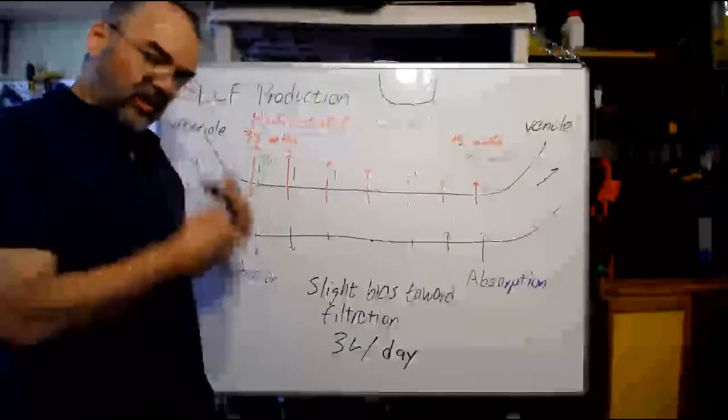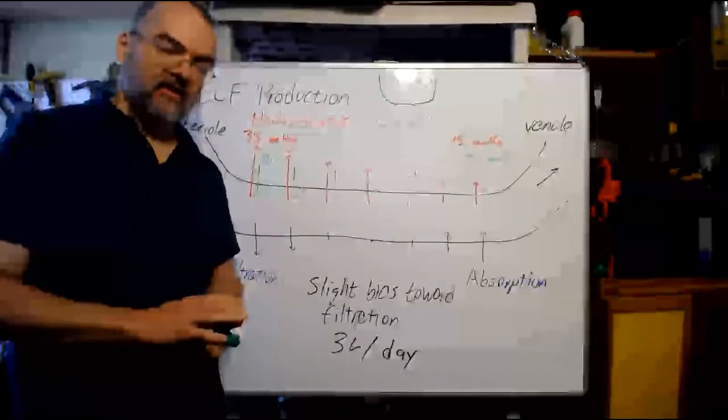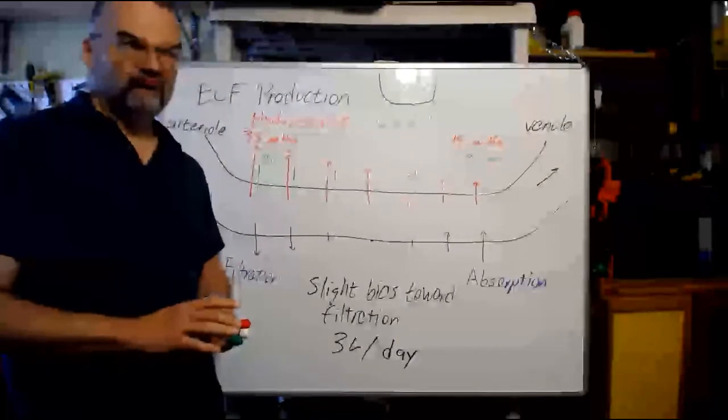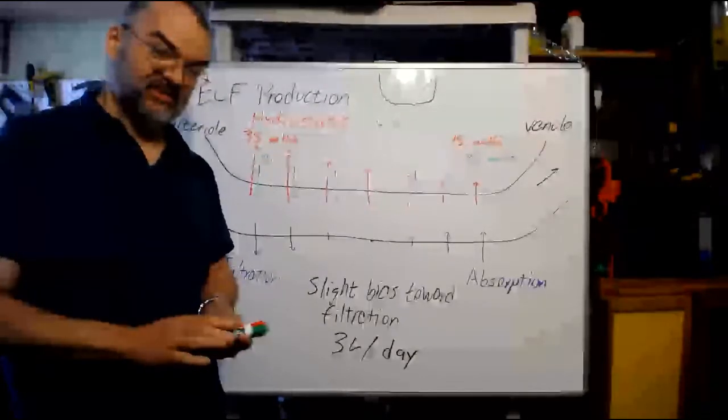So altogether, my blood loses about 3 liters of water a day, which is interesting because 3 liters is roughly how much water my blood contains, which is kind of an interesting thing.